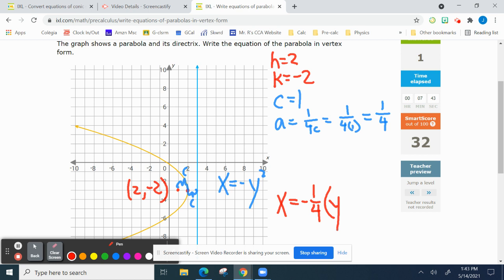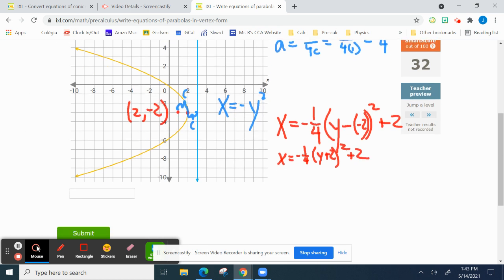Parentheses, y minus k. What's k? k is negative 2. Squared plus h, and h is 2. Now we simplify: x equals negative 1/4 (y plus 2) squared plus 2. And that would be that particular parabola right there.